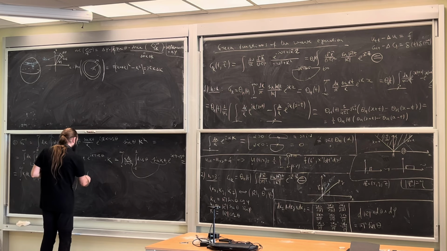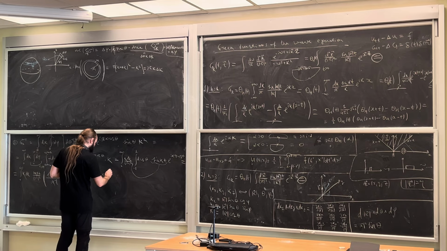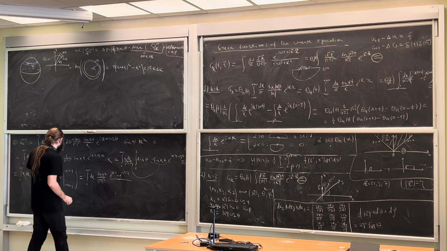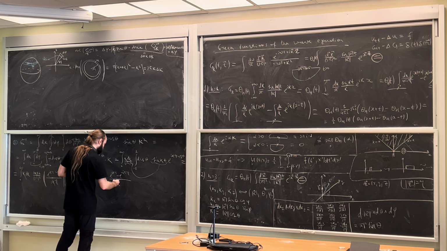We have the integral from 0 to infinity dk sine of kt over pi squared, times e to the i k r minus e to the minus i k r over i r.